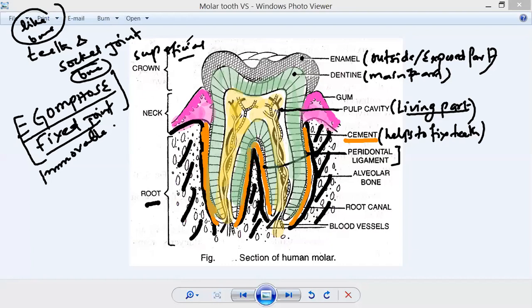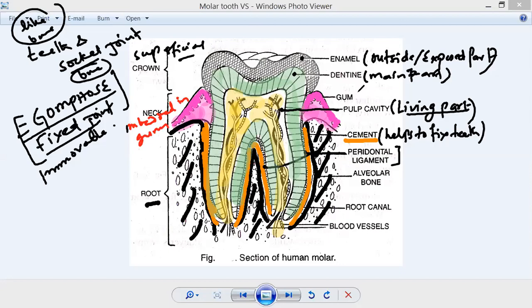Then the superficial part of the teeth is called the crown. The part embedded in the gums is called the neck.